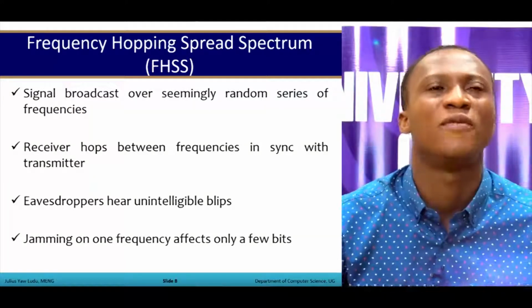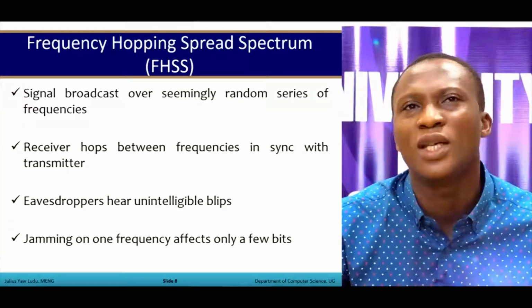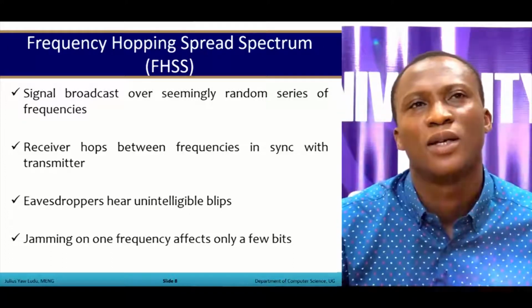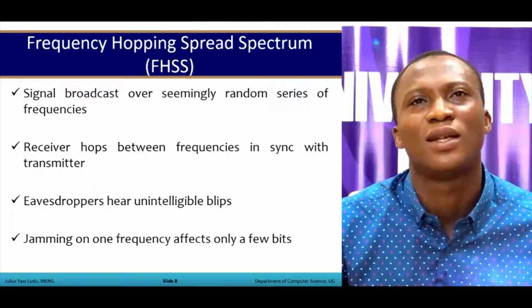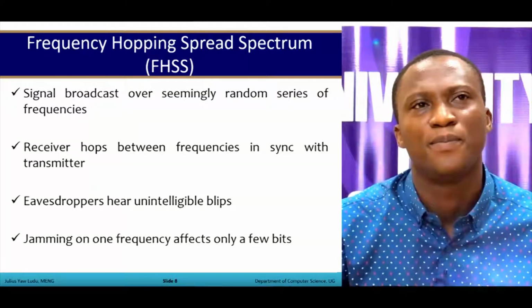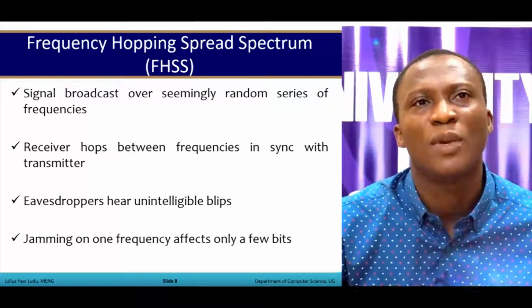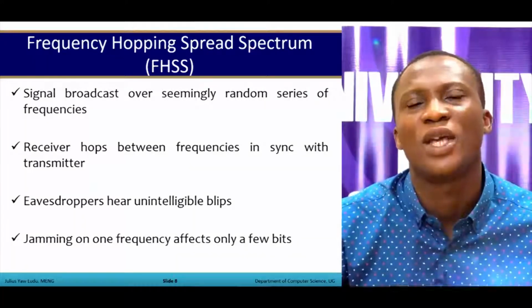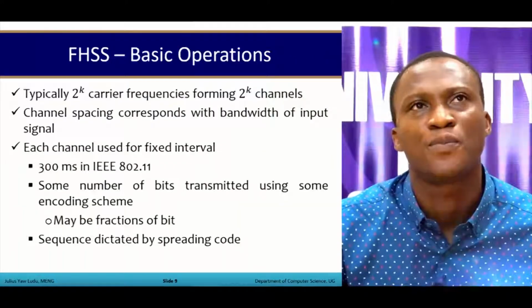Those who eavesdrop on the network hear only unintelligible blips. Whatever information they get is like noise to them. It doesn't make meaning to them. Jamming on one frequency affects only a few bits with frequency hopping spread spectrum.